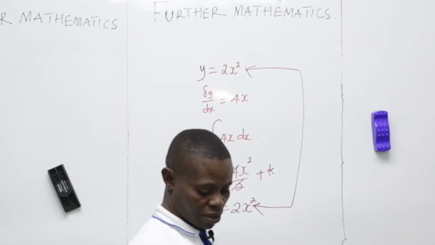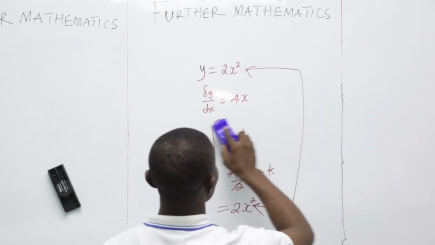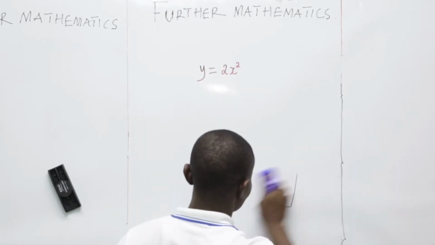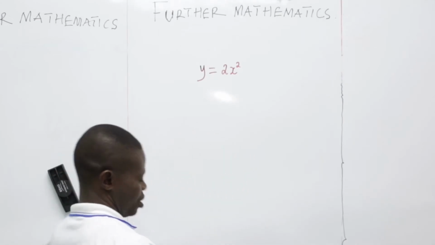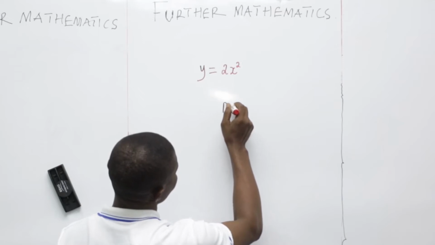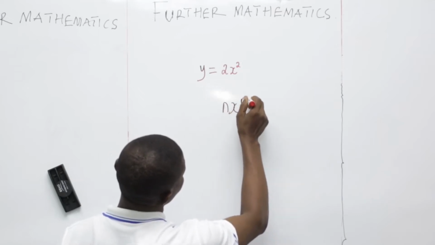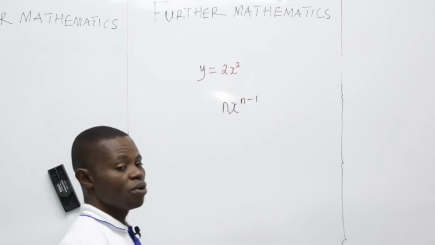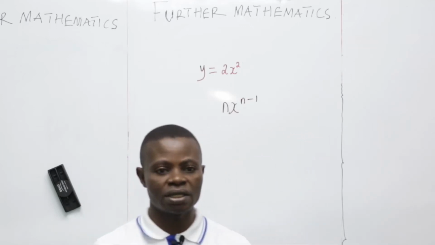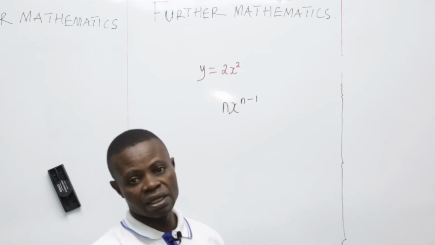In differentiation, you have a general formula that will guide you in what you are doing. What is that? You have x raised to the power n minus 1, when the coefficient of x is not greater than 1.